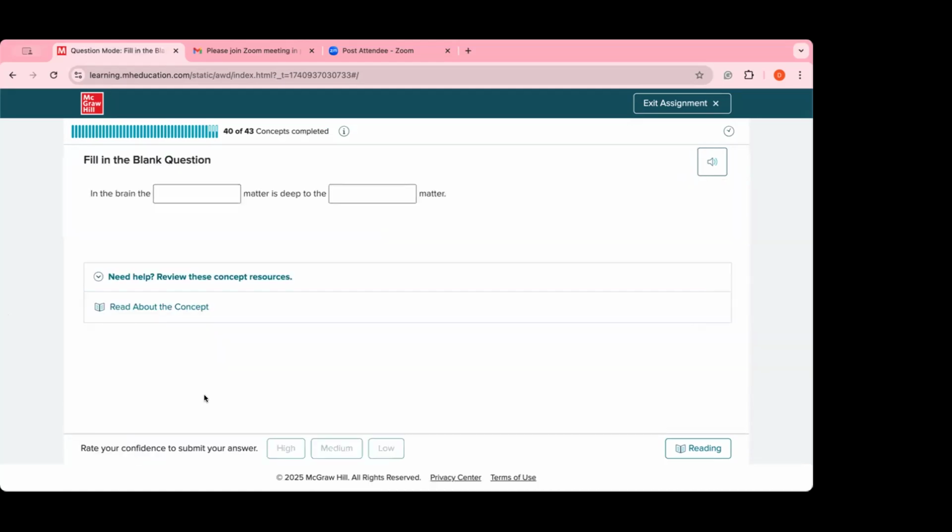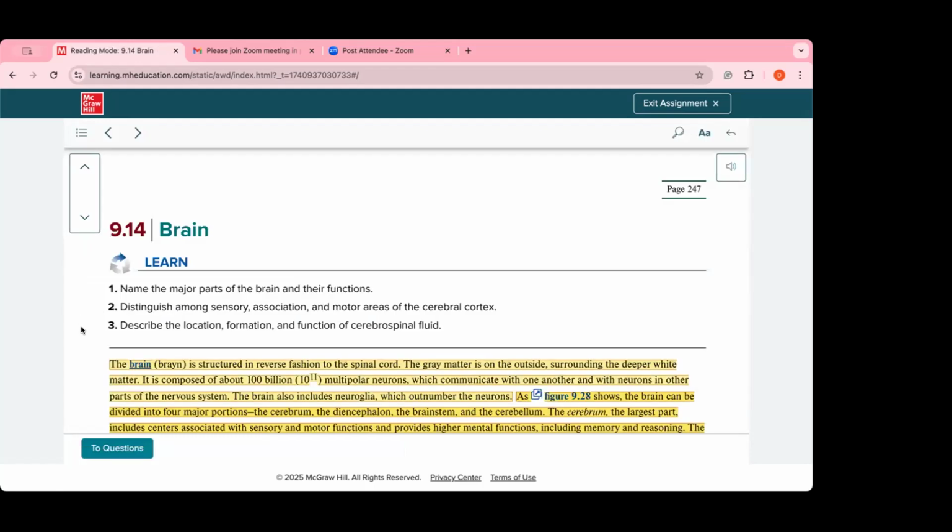Okay. In the brain, the blank matter is deep to the blank matter. Let's read that again because I think it's worded different. Okay, I think that's after.